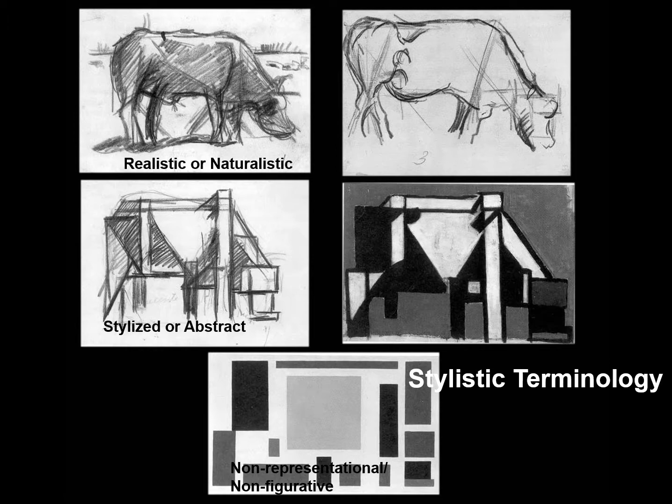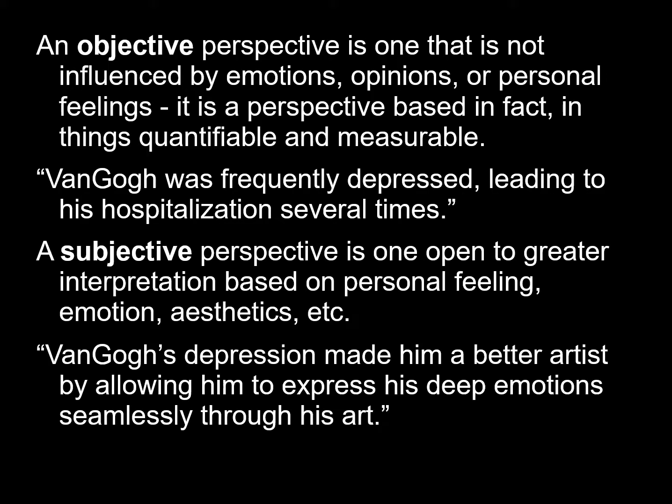We spoke briefly in our last class together about the idea of objective versus subjective. So an objective perspective is one that's not influenced by emotions, opinions, or personal feelings. It is a perspective based in fact that is quantifiable and measurable. So for instance, Van Gogh was frequently depressed, leading to his hospitalization several times.